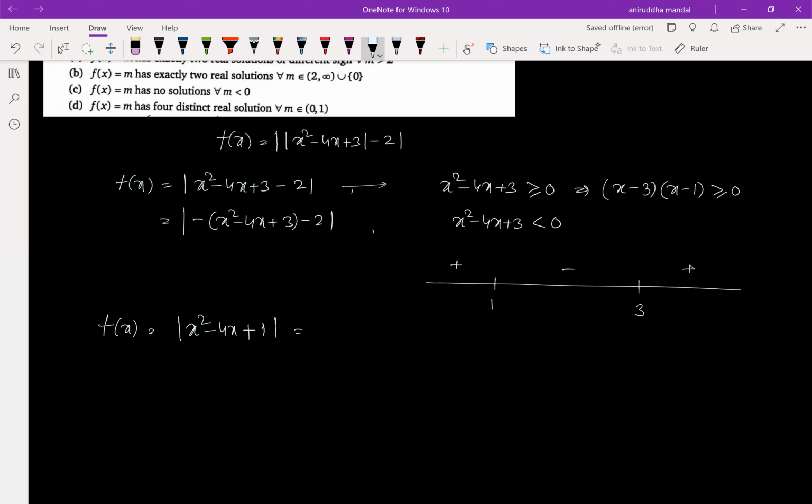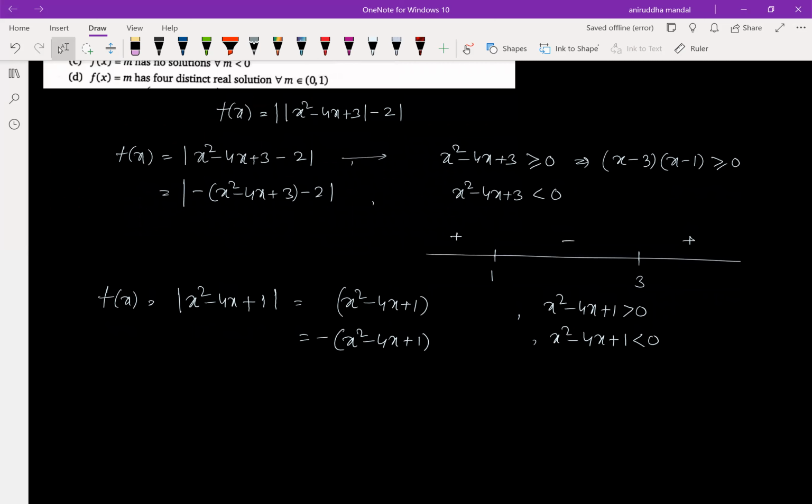So this is positive when x² minus 4x plus 1 is positive, and this is negative when this value is negative. Now solve for this equation. So x equals minus b plus or minus the square root of b² minus 4ac. So 4ac means 12.